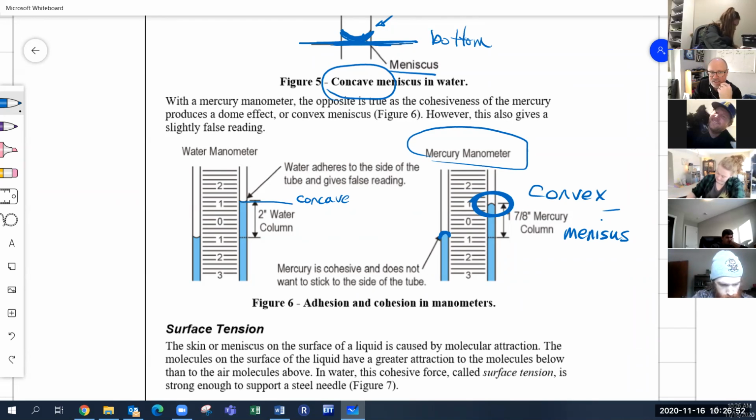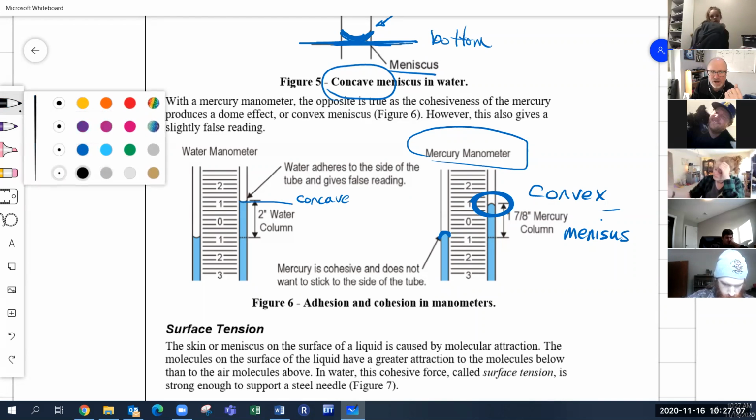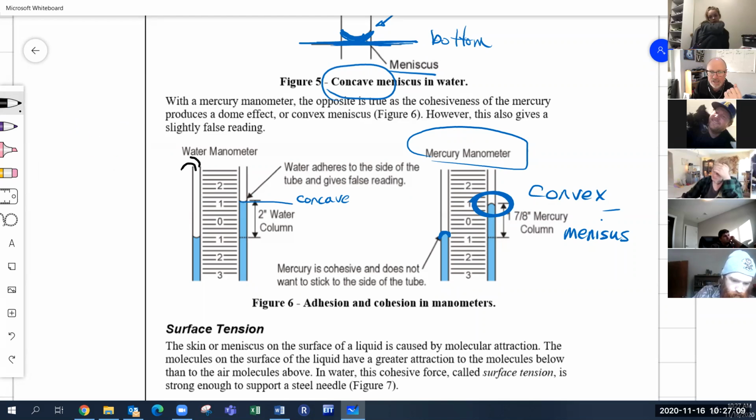This little scale here is a manometer. And this manometer is used to measure small gas pressures. So what they do is they hook up this manometer on one end to a gas outlet. And that gas pressure will push downwards.